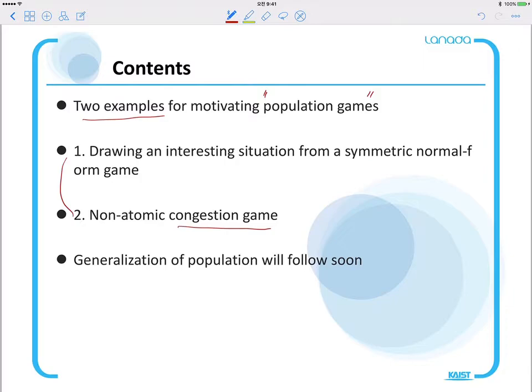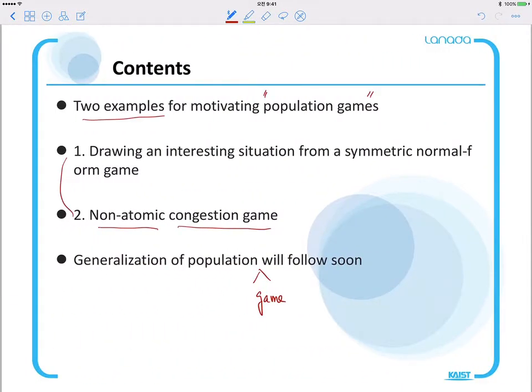The congestion game was discussed in the section on potential games, but we're going to look at a different version of that, which can belong to one example of the population game. And as I mentioned before, the population game generalization will be discussed in the next part, 11b. Okay, all right.